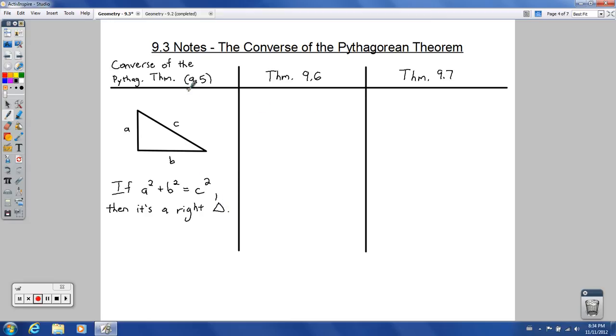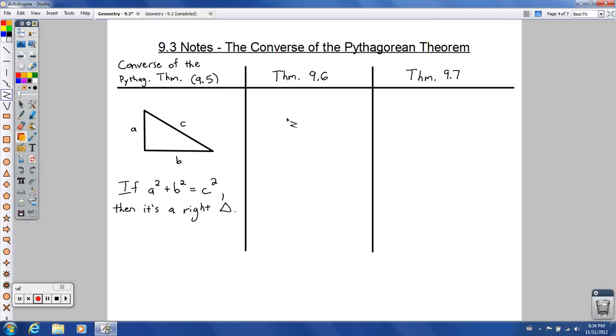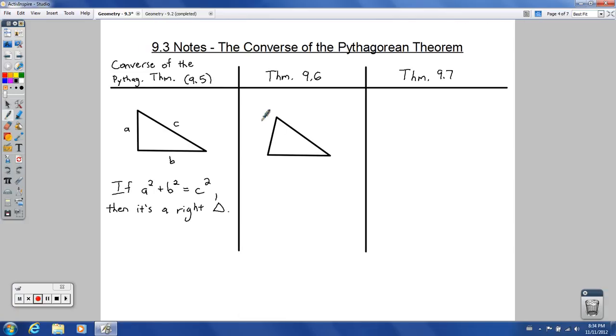Theorem 9.6 is similar to that, but you might have a triangle that looks like this. Notice this is not quite a right triangle. They might make it look like a right triangle, though. That's probably what you're going to see, but I'm going to draw it in such a way that it doesn't even look like one. But if this is the case, you'll see how it's related to the converse of the Pythagorean theorem right here.